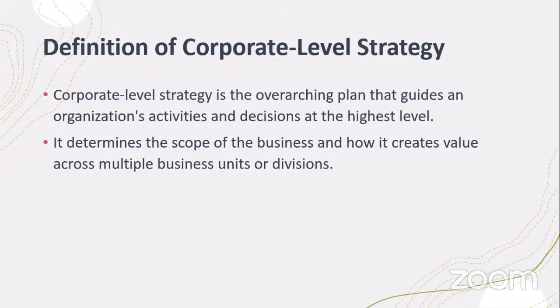But when we come to corporate level strategy, we are looking at top management: the board of directors, the board of advisors, the senior management, the people that have the ability to make the highest level of decision in the organization. It determines the scope of the business and how it creates value across the business units or divisions that exist in the corporate organization.